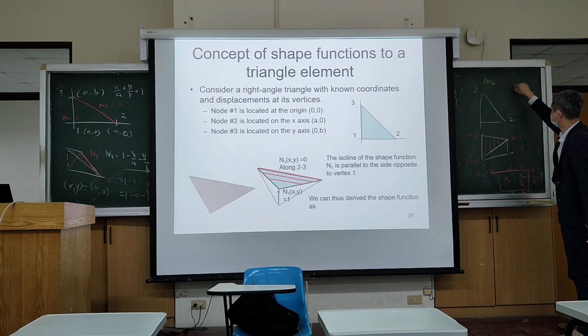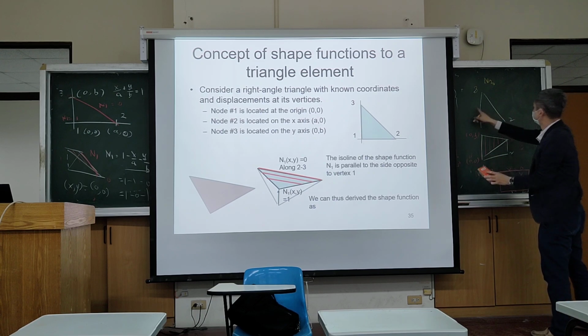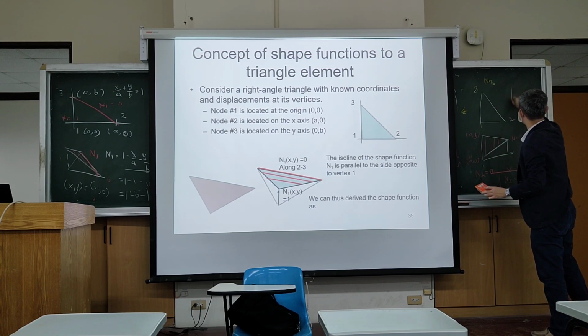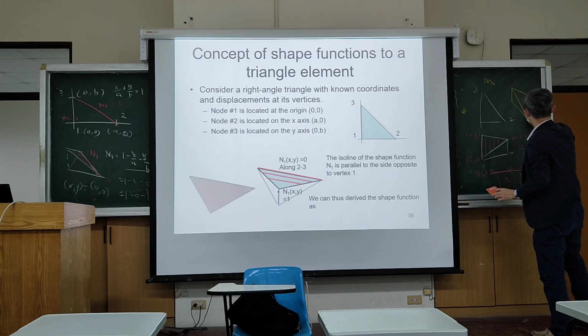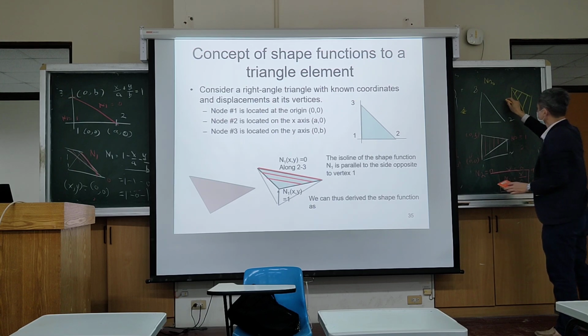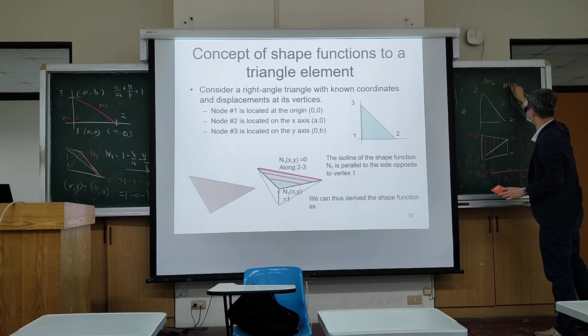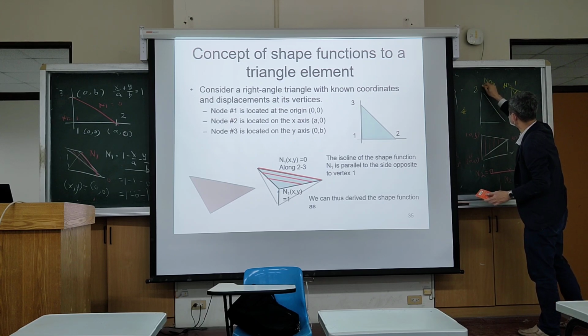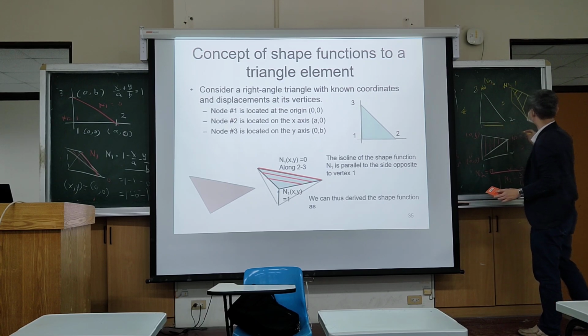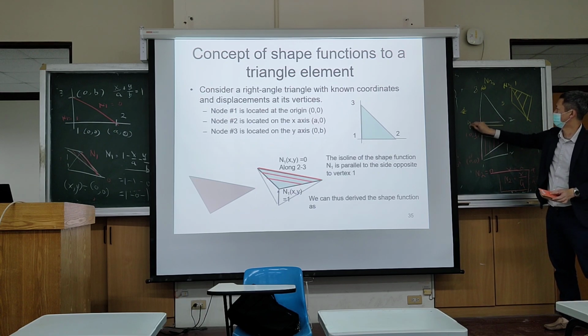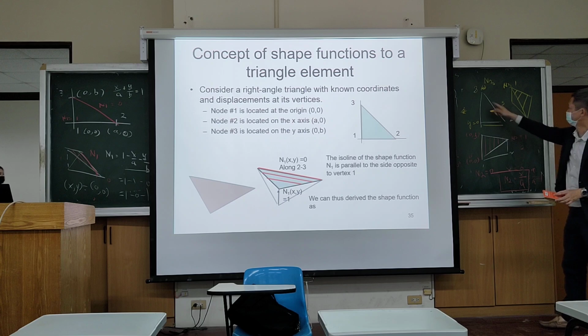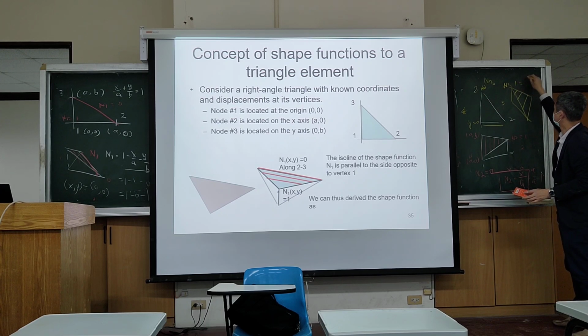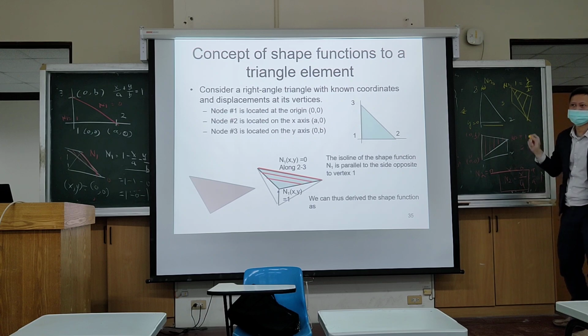Okay, and now how about the shape function for N3? The shape function for N3 is then, if I'm viewing from this side, this is my node 3, N3, 1. So viewing from this side, my opposite side is this, so this is y equal to 0. At this point my shape function is 1, so it must be y over b. Okay?